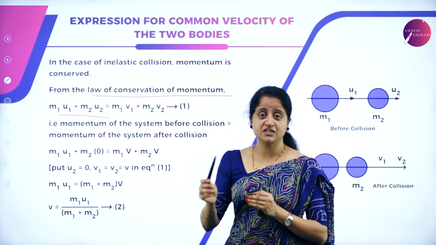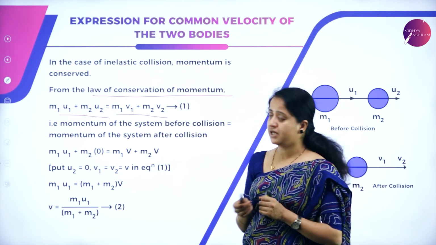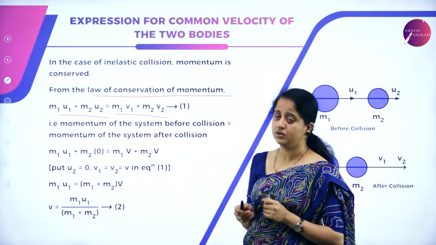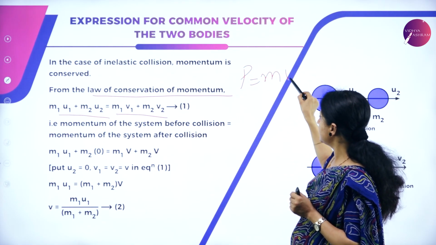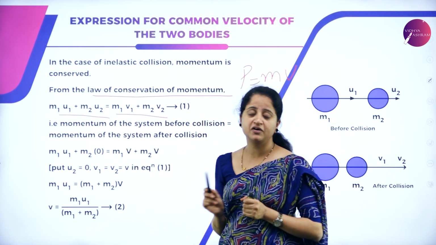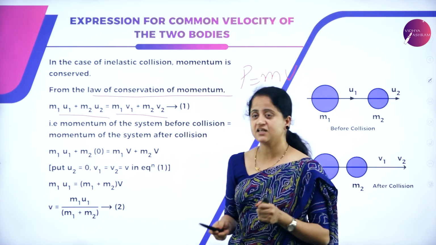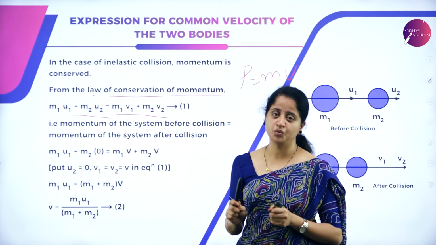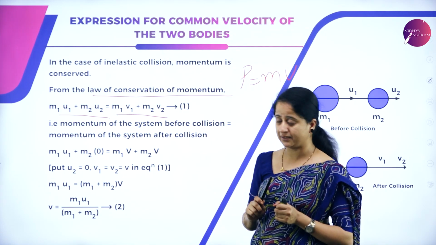Since after collision their velocities change to v1 and v2, the expression becomes m1 v1 plus m2 v2, because the actual expression for momentum is mass into velocity. So before collision the velocities of bodies are u1 and u2, after collision the velocities are v1 and v2, and hence m1 u1 plus m2 u2 is equal to m1 v1 plus m2 v2. This is our equation 1.